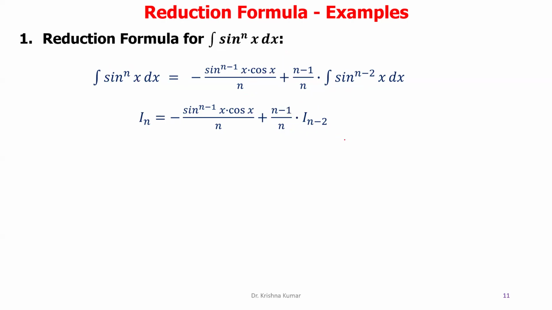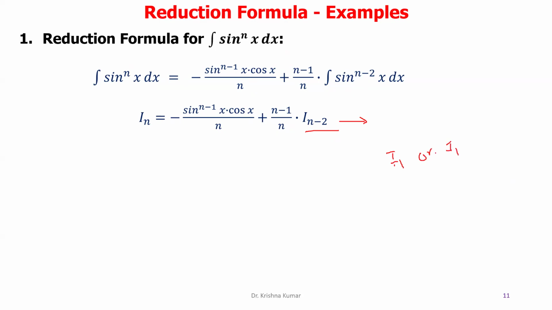If we simplify it again, then In-2 will be reduced to In-4, and then In-4 to In-6, In-8, In-10, and so on. So at the last, the last part will be either I1 or I0.